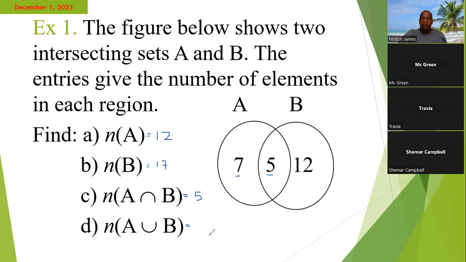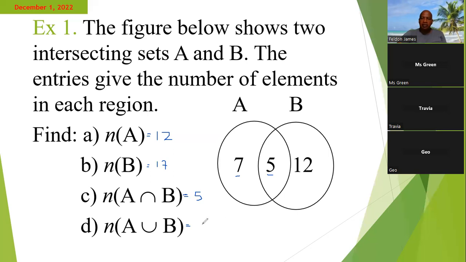Would I add the members with A and B, sir? Yes. How much you get? 29, sir. Calculate it again, miss. Add them. What you get? Oh, you get 34.